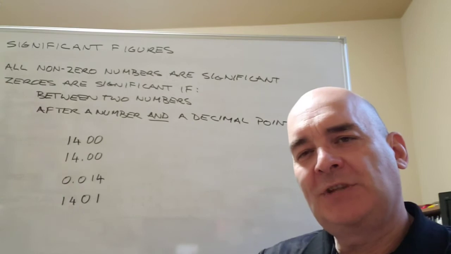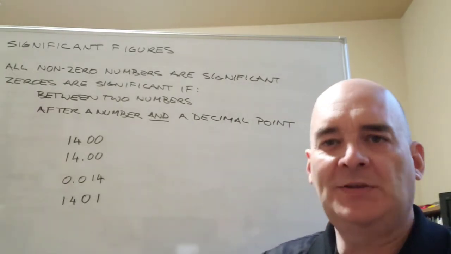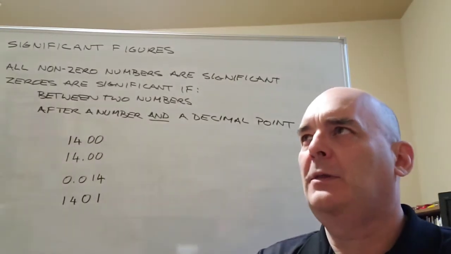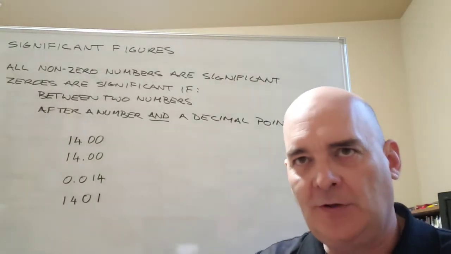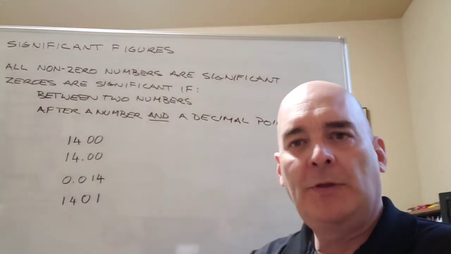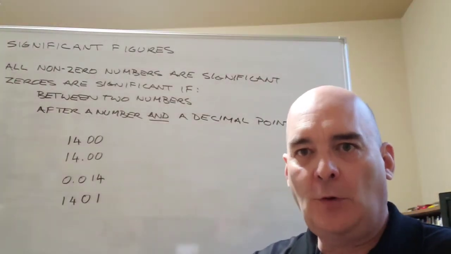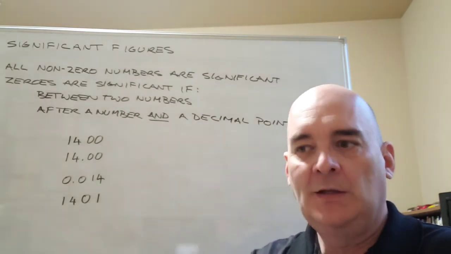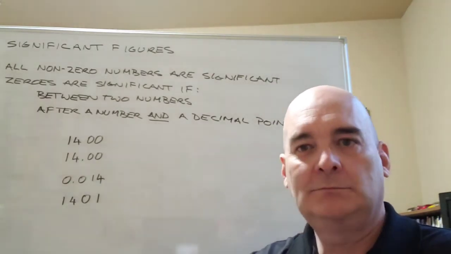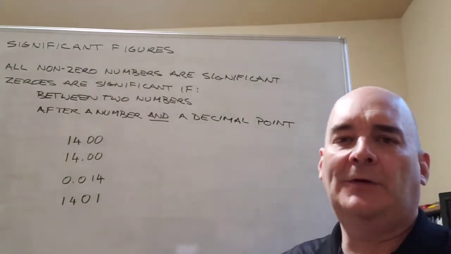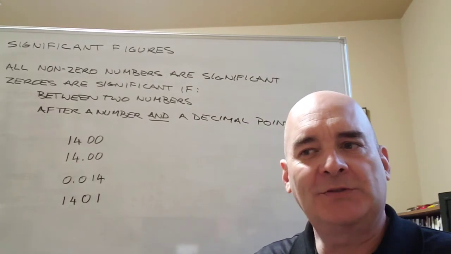Okay, so let's take a look at how to identify, when we're looking at a number on the page, whether that number is significant or not. The rules are really quite simple: all non-zero numbers are significant. So you count them all, they all count. Zeros, however, are a little ambiguous.